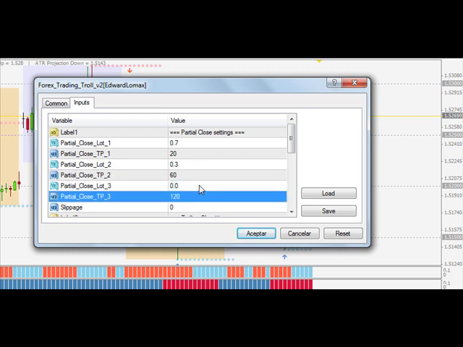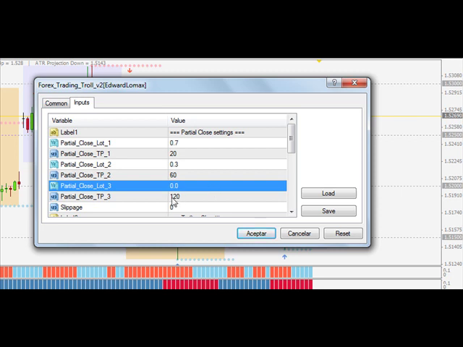What this does is, if you put it at 0, the troll is going to think that you want to take an action when there's 0 pips, and you don't want that to happen. So what you want here is 7 mini lots to be taken out at 20 pips, and 3 mini lots to be taken out at 60 pips, and 0 at 120. But at this point, you'd be out of the trade by now, and it doesn't really matter.